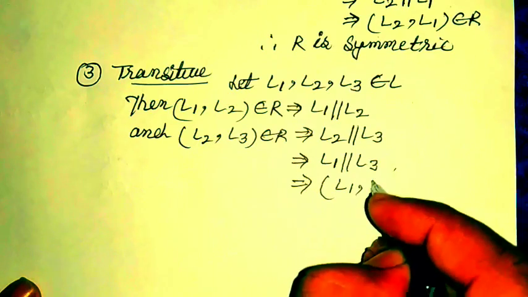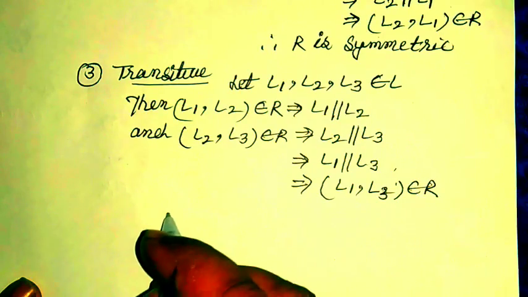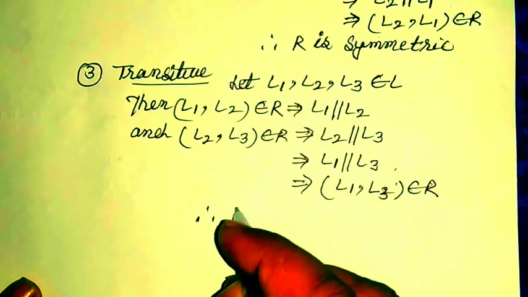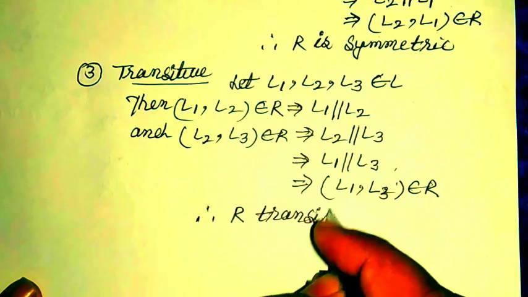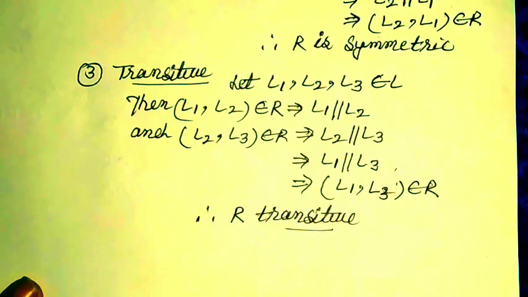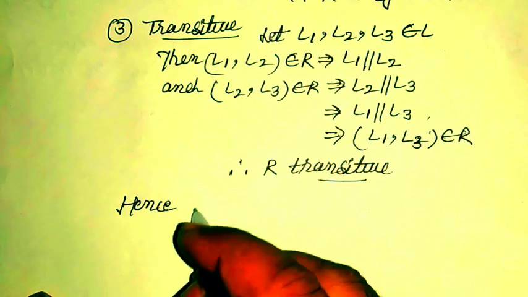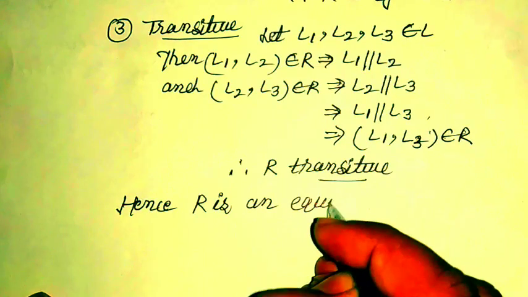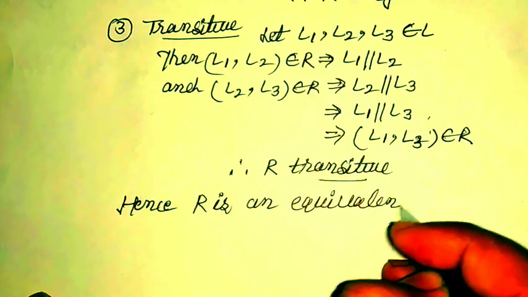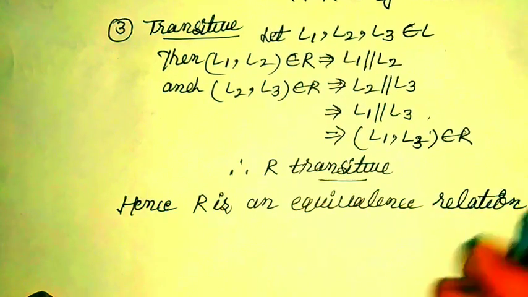So we can write L1, L3 belongs to R. That is the condition of transitive. Therefore R is transitive. So hence R is an equivalence relation, we can say, isn't it?